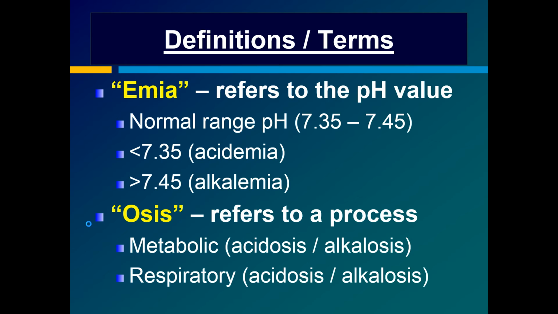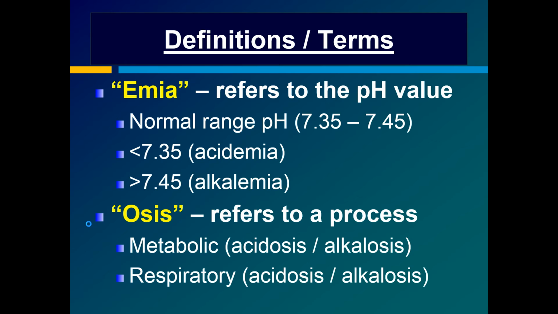The values listed here, 7.35 to 7.45, are the normal range of pH, but you will find certain textbooks or review articles that list 7.37 to 7.42 or 7.43. There is a little bit of variation.